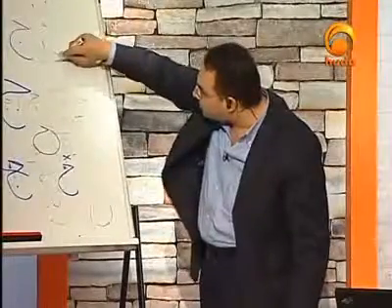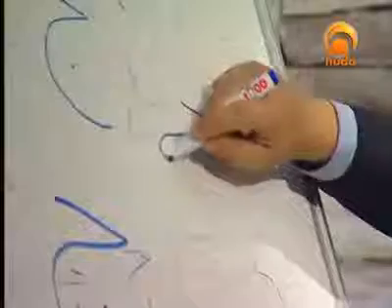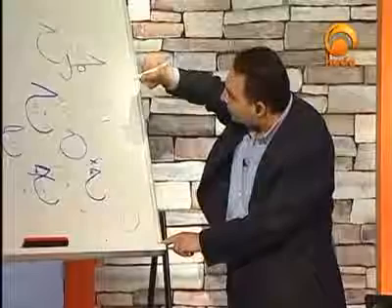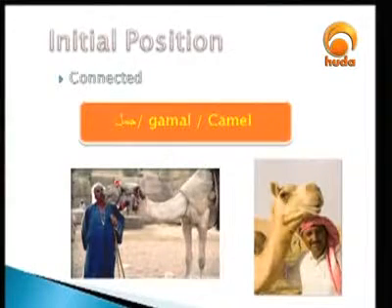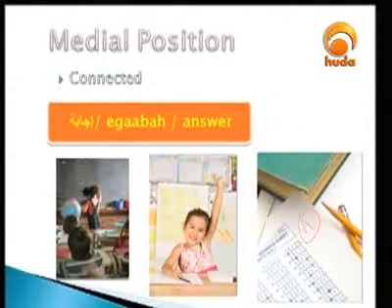But if you'd like to combine that with the following one, here is that in this way. Ja. And then Ma. And the La. Here is that. So in the initial position, it comes connected. In the medial position, it also comes connected in this way.